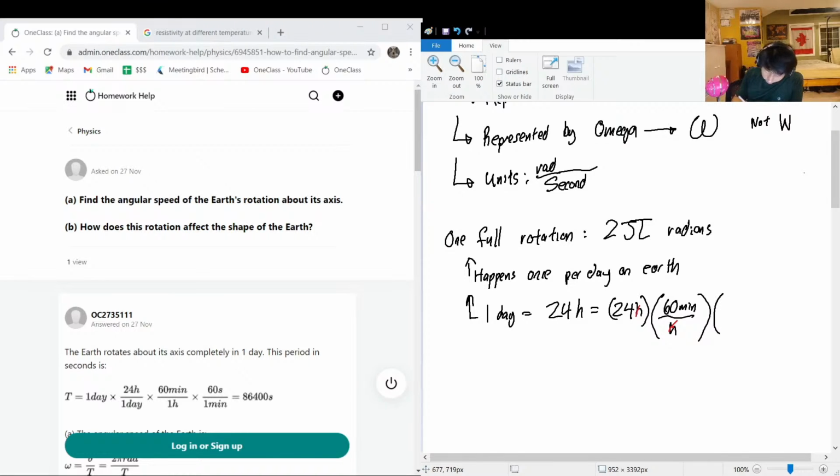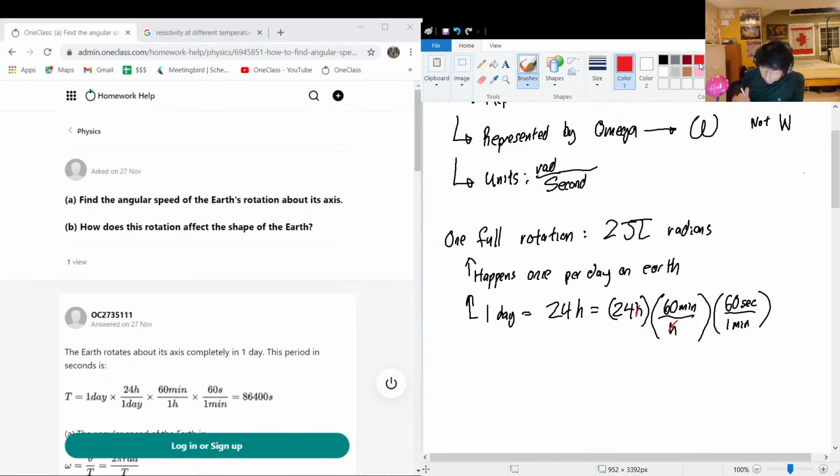We got 60 seconds per 1 minute, so the minutes cancel, and we can ask our calculator. 24 times 60 times 60 is 86,400 seconds. I've seen that number before, so I don't really need to verify it. I know for a fact that's good.